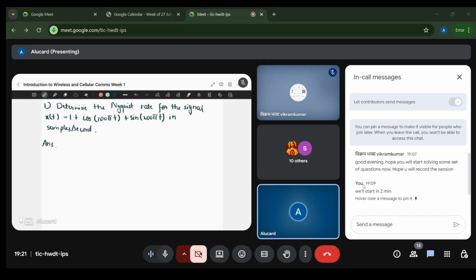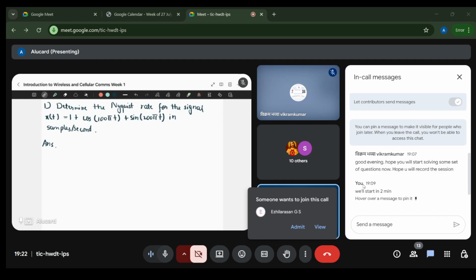This is simple. x of t is 1 plus cos 100 pi t plus sine 200 pi t. So 1 has a frequency 0, it's cos 0 pi t. And you have a signal with angular frequency omega, which is 100 pi, and another with angular frequency omega of 200 pi.